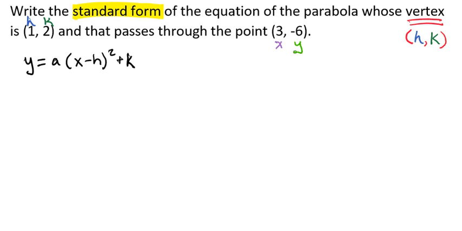Let's use a different color, the pink. We're going to plug in what we know. We have the y value, which is -6.